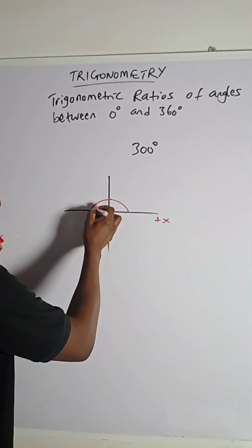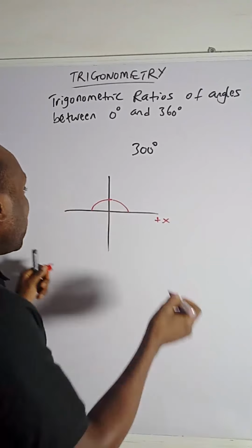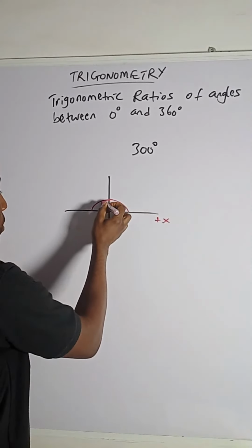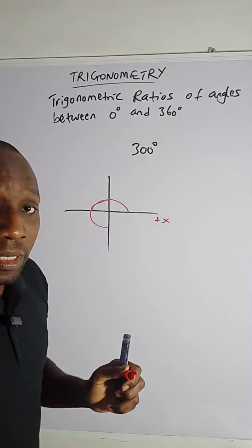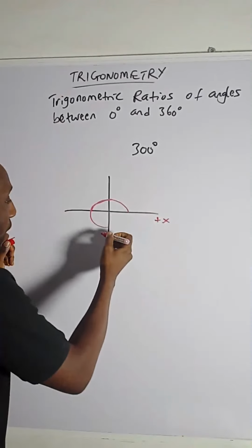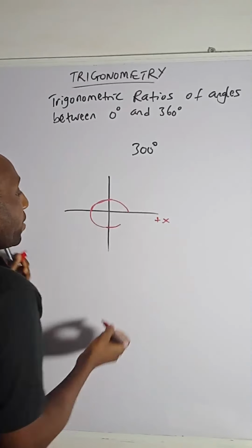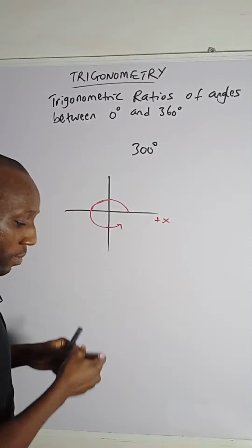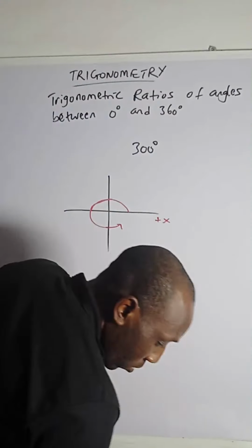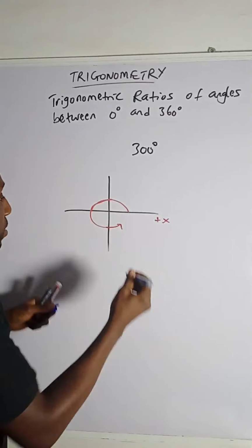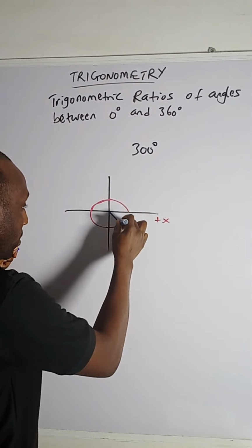From here is 180, right? It's still not up to that. We keep going, from here is 270, still not up to it. And then we find ourselves at this point. So what am I going to do? I am going to extend from here.